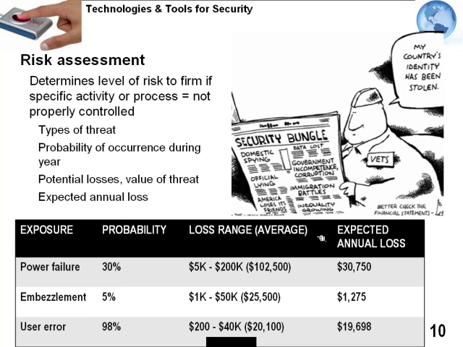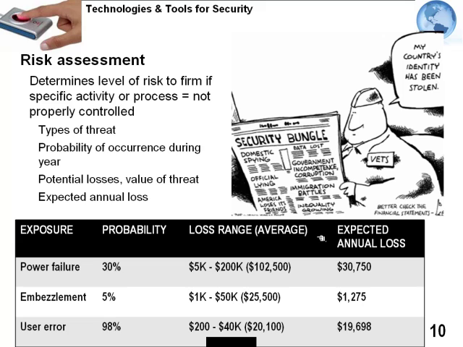Now this slide looks at another important factor in establishing an appropriate framework for security and control: risk assessment. What's your risk assessment? Power failure, embezzlement, user error, and you could set down some expected annual loss here.